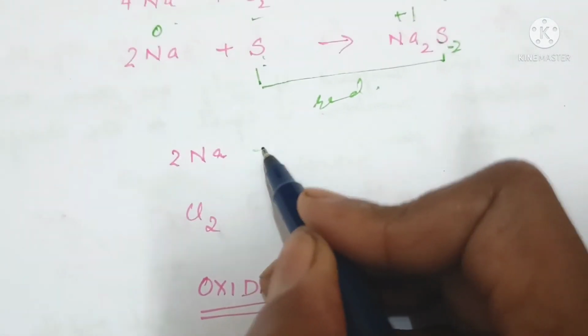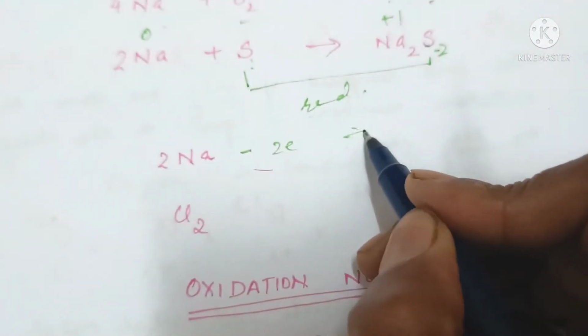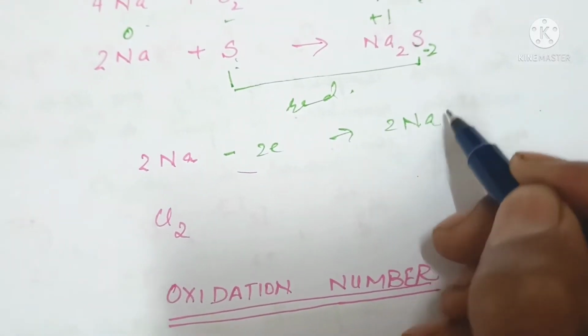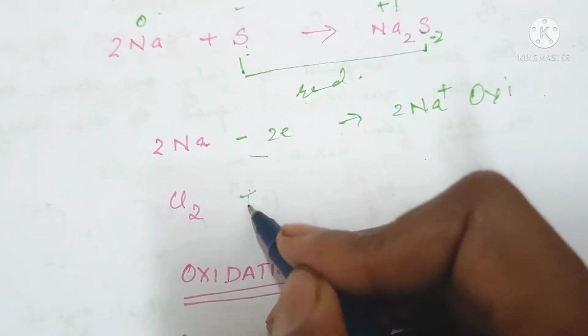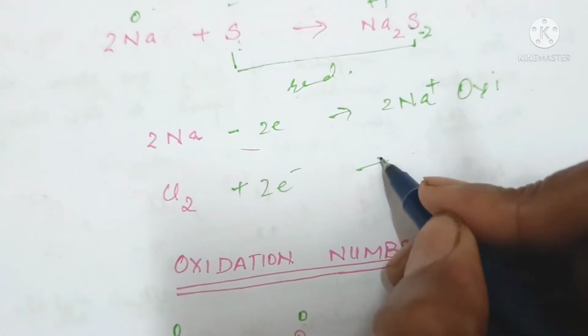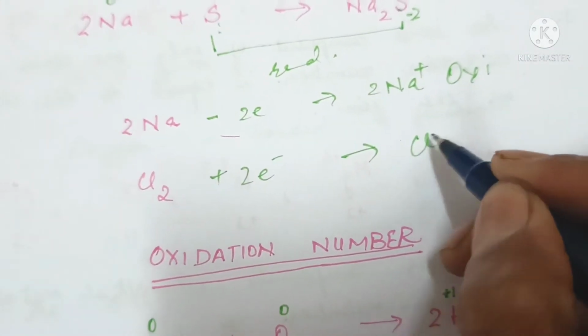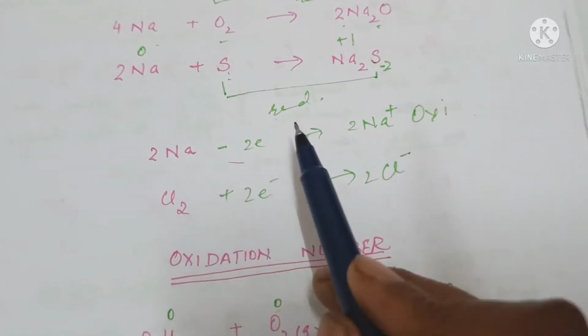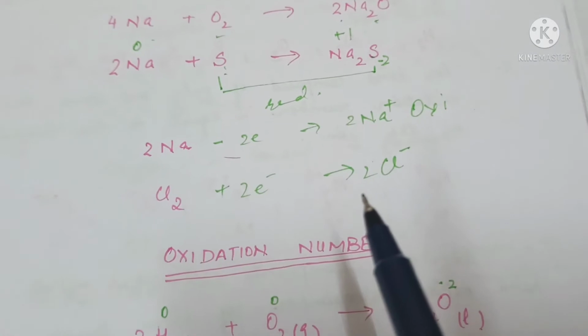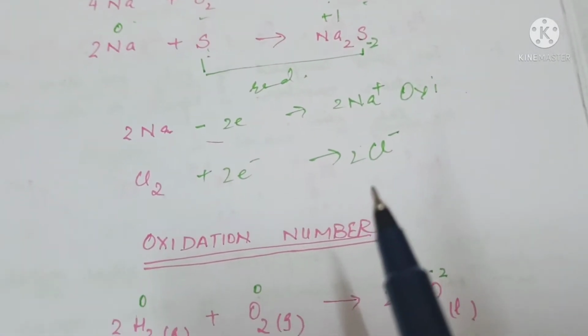So in other words, loss of electrons is called oxidation and gain of electrons is called reduction. So the reaction in which both oxidation and reduction are taking place is called redox reaction.